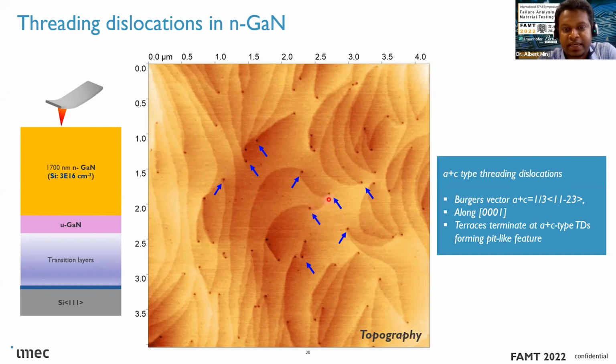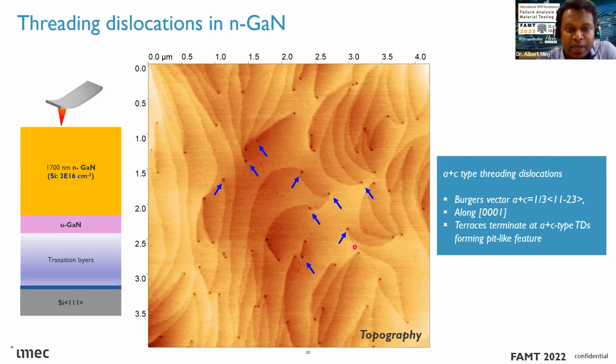These big dots are actually dislocations with C components. As I mentioned earlier, we are expecting more A plus C than just C, so it is safe to say that most of them are A plus C type. They're slightly bigger in nature, and they usually terminate the step terraces.